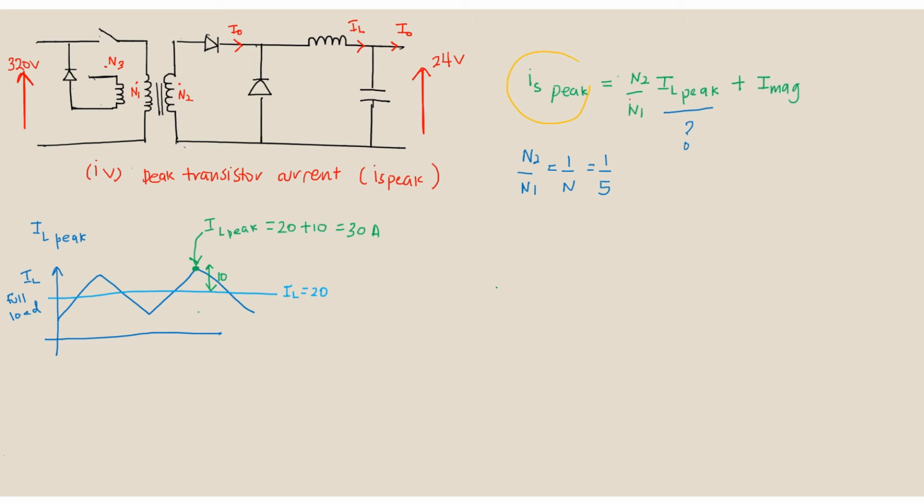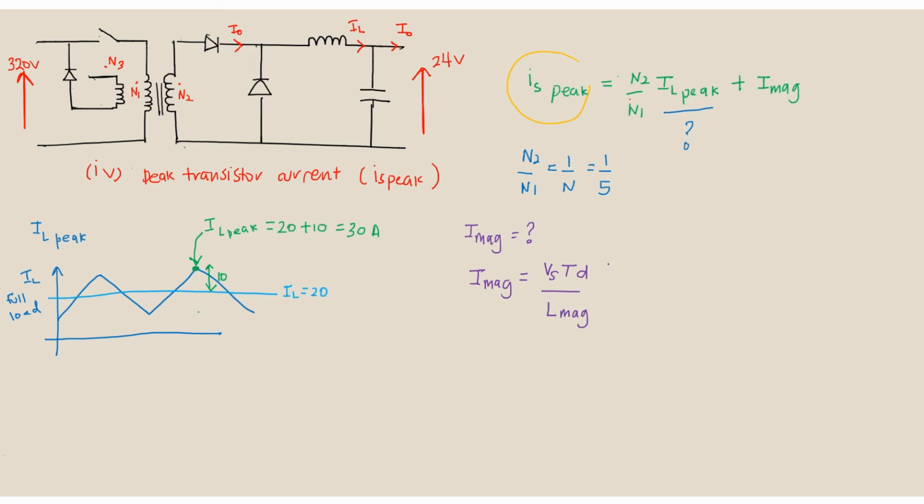What about your I mag? Let's calculate I mag. I'm going to introduce another formula: I mag equals Vs times T times D divided by L mag.